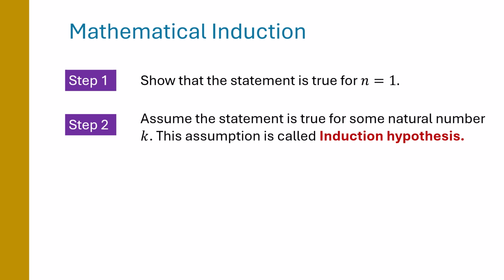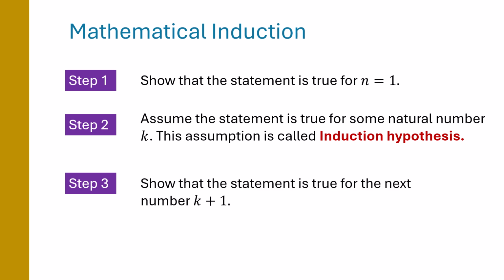Then you move to step 2, and here you are going to do the induction hypothesis. So here you are going to make an assumption. You will say, let the statement given in the question be true for some natural number k. So for k you will assume that it is true, you need not prove. And then for step 3 you will show the proof that the mathematical statement which is given in the question is true for the next number.